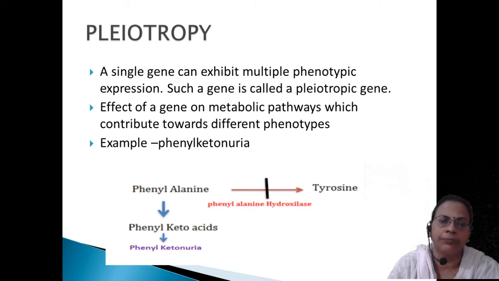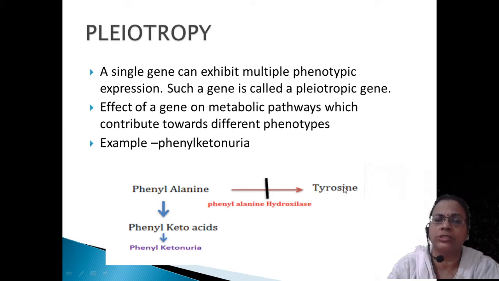So normally in a normal person, as a result of many metabolic processes, phenylalanine will be formed. It is an amino acid. In the presence of the normal gene, suppose we write capital A, if that gene is normal, the phenylalanine will completely convert into tyrosine.